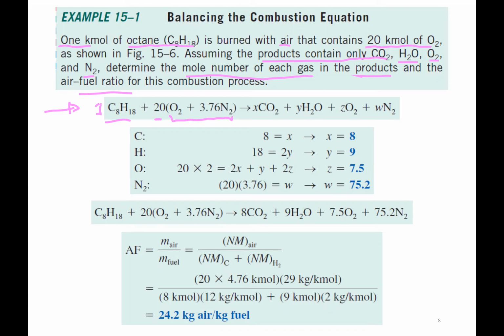Now our products are CO2, water, oxygen, and nitrogen, they gave us, okay? So if we look at this, we have carbons, hydrogens, oxygens, and nitrogen, and we can set up our individual balances. By separating this, we are actually doing a mass balance, even though we're going to balance the moles here.